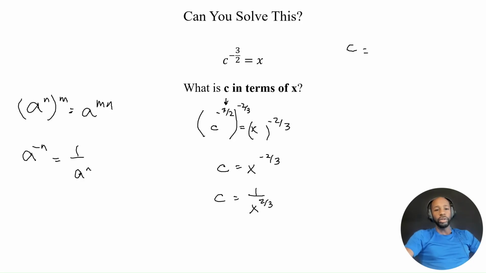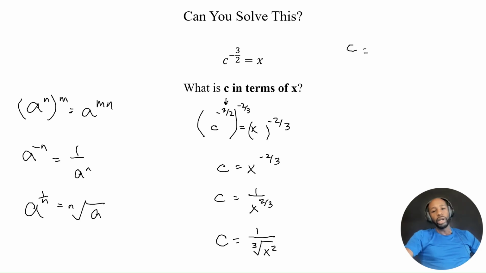And also remember this: if you have something to a fractional power, that's the same as the nth root of that same number to whatever the numerator power is, and in this case the numerator is 1. So this becomes 1 over the third root of x squared.